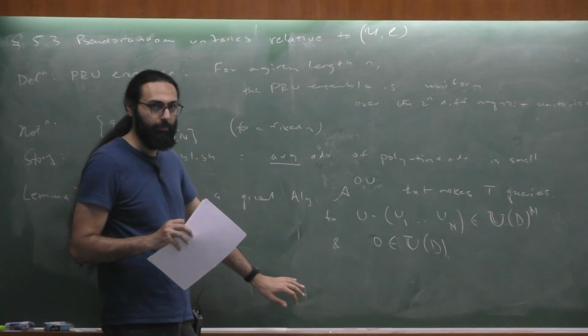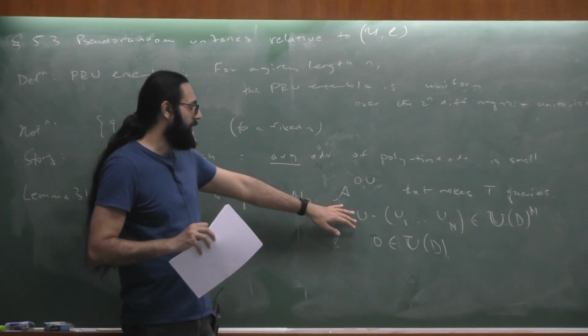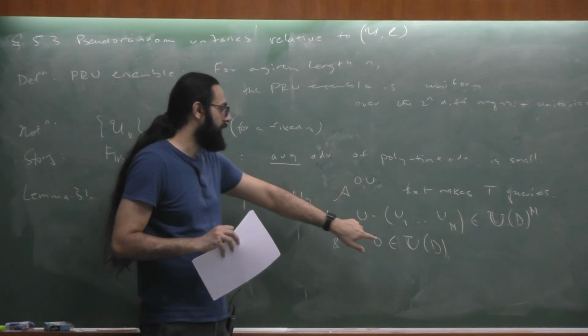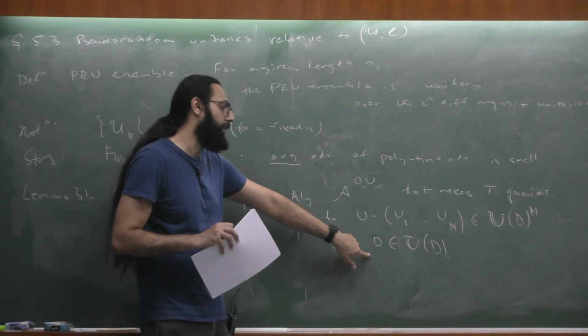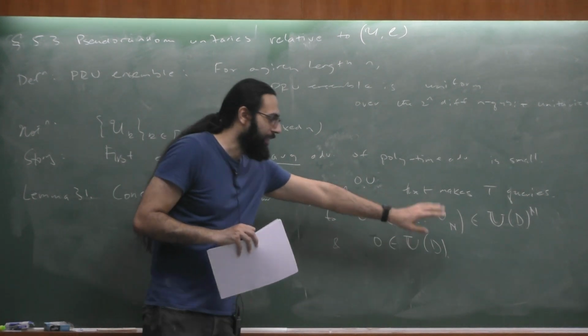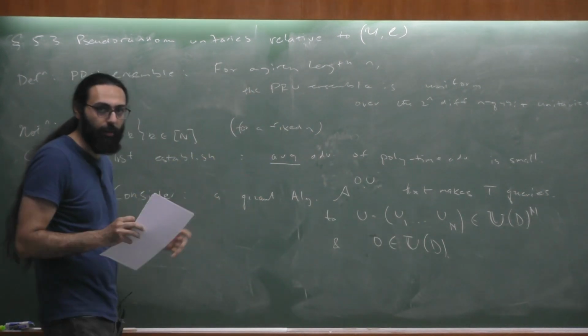So this algorithm is given access to these capital N many unitaries and then one other unitary. And remember capital N is exponential, it's 2 to the n.